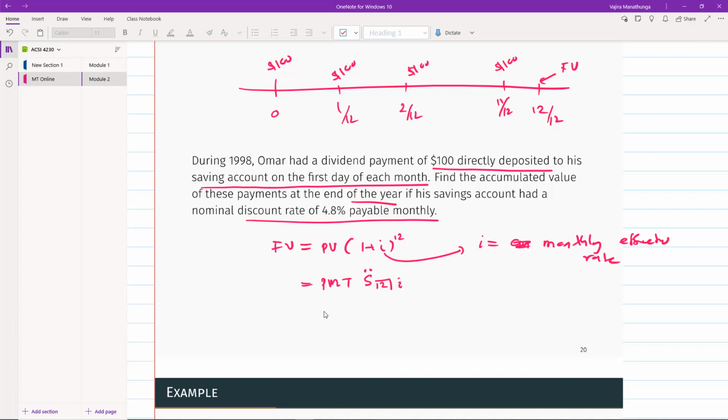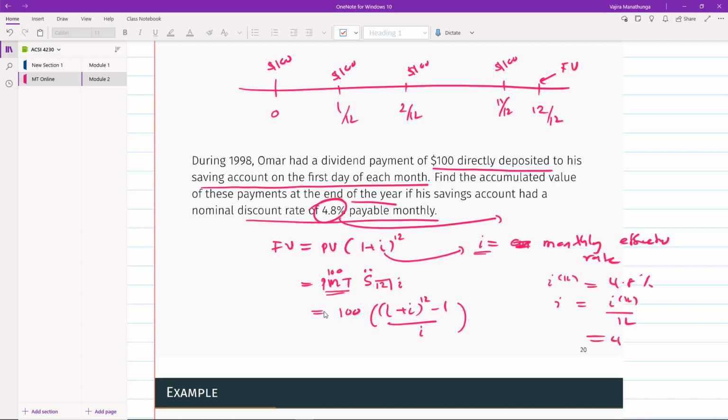The payment is going to be 100, so 100 times ((1 plus i) to the 12 minus 1) over i, where i is the monthly effective rate. Now this is nominal, so how do you get i? You divide. You are given i^(12) as 4.8, which means i is i^(12) divided by 12, which is 4.8 divided by 12. That's the formula.